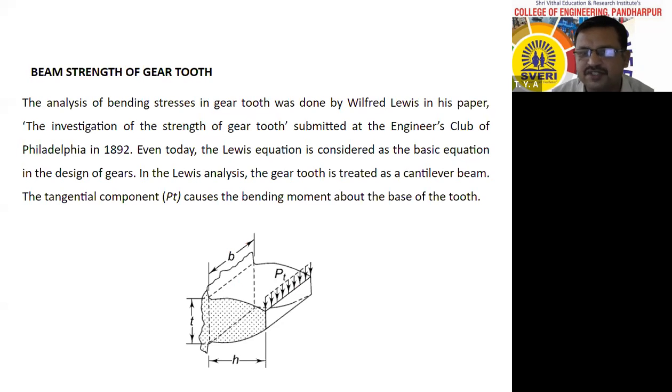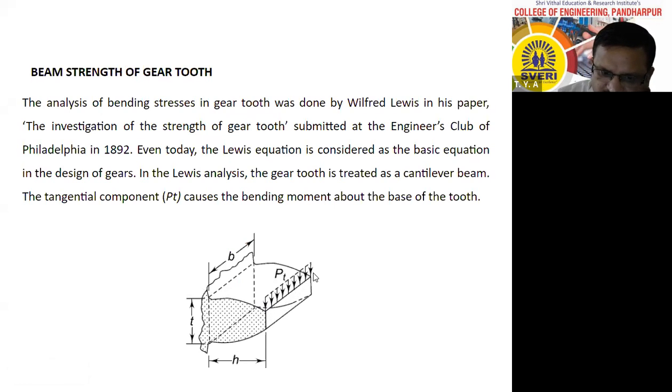Now next is the beam strength of the gear tooth. I have already told you that this gear tooth we have to consider as a cantilever beam, whose one end is fixed at the base here and the other end is free. And this tangential load is uniformly distributed over the entire face width.